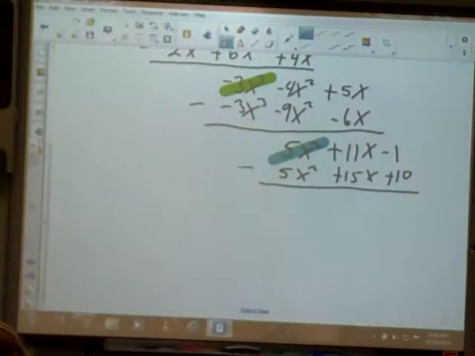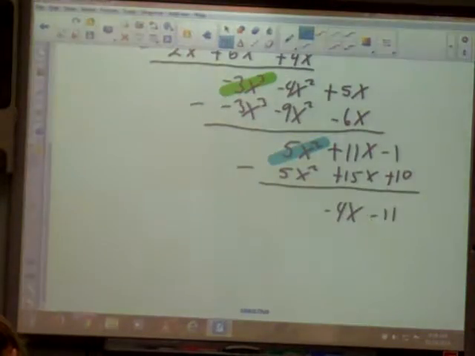Okay, we're subtracting. 5x squared minus 5x squared is nothing. 11x minus 15x is negative 4x. Negative 1 minus 10 is negative 11.